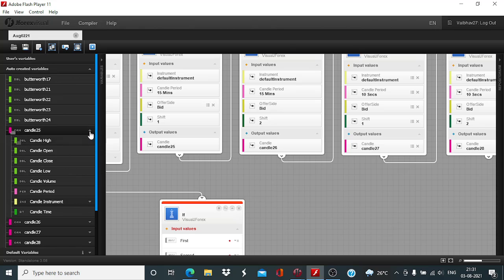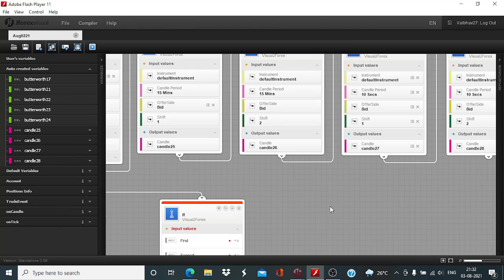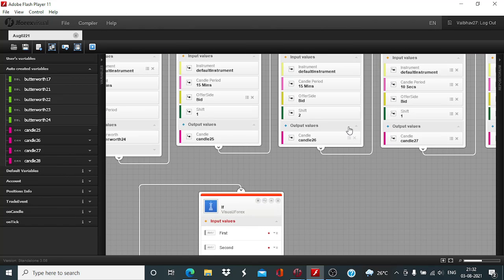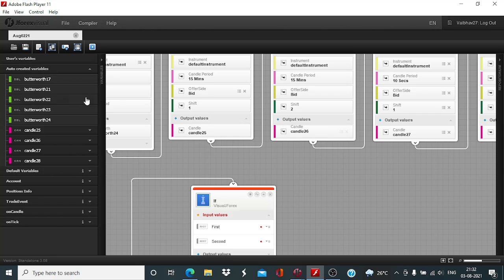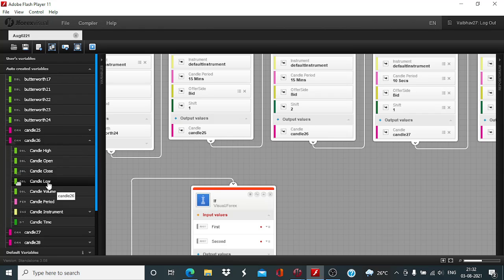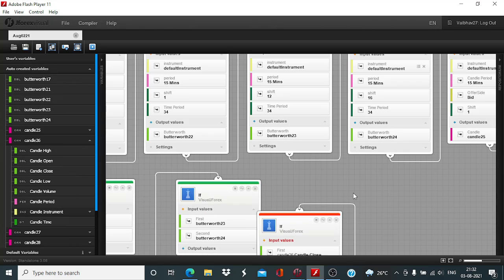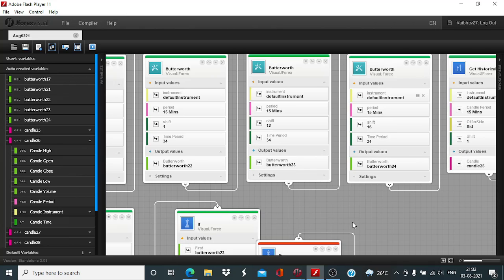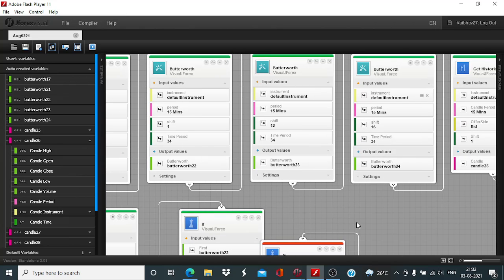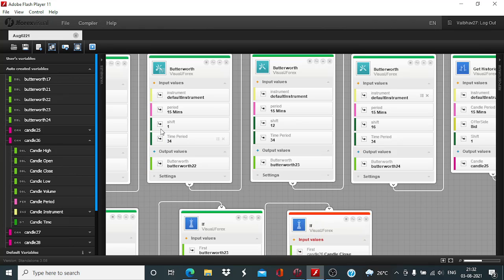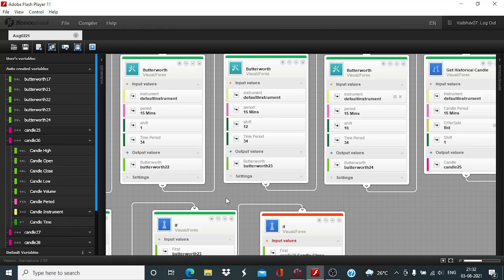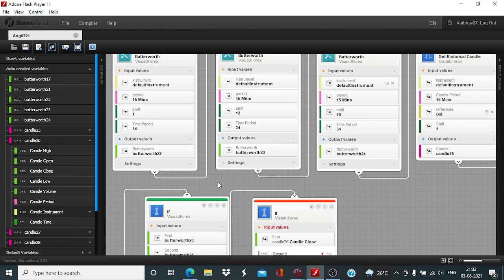Then we consider the closing value of the penultimate candle of 15 minutes, and it should have closed lower, so we need candle 26 candle close and compare it with the same line, the last 15-minute time frame.